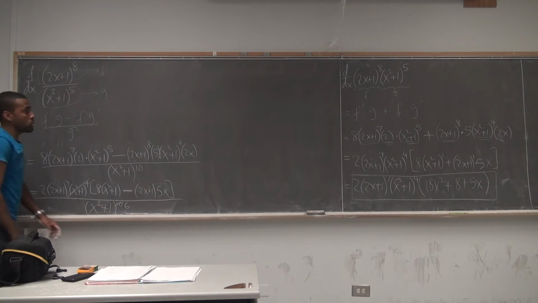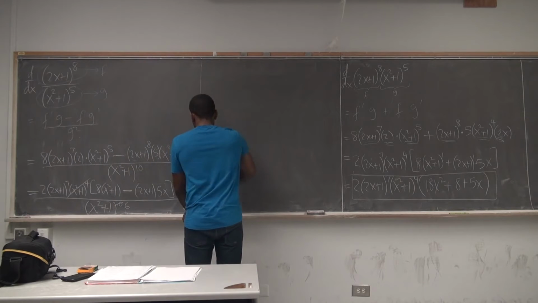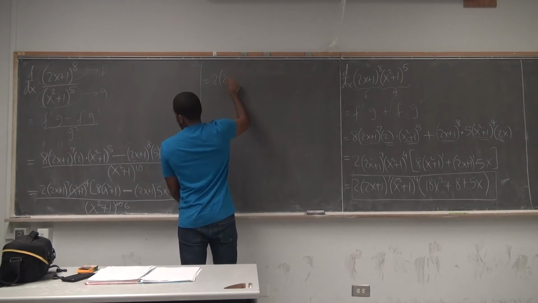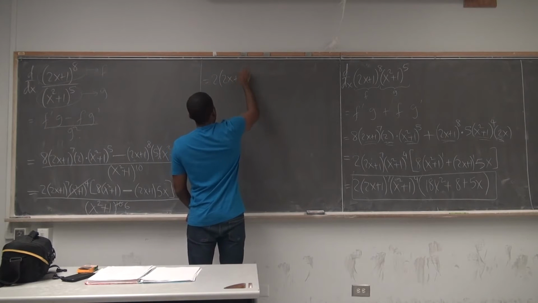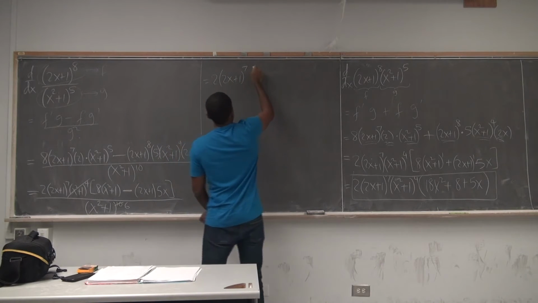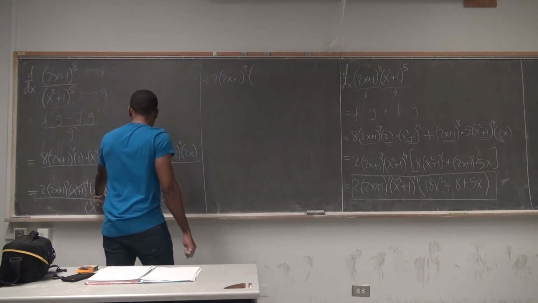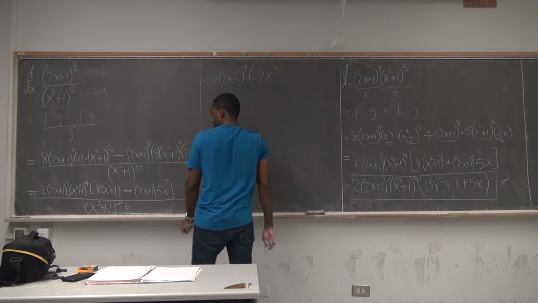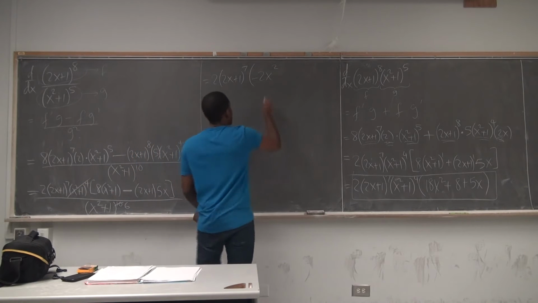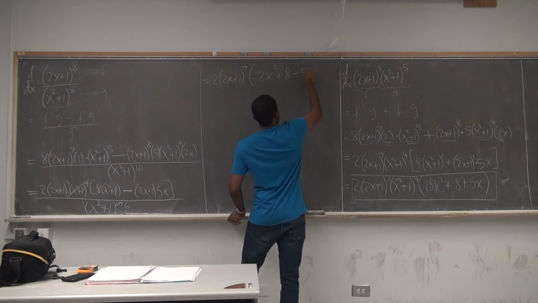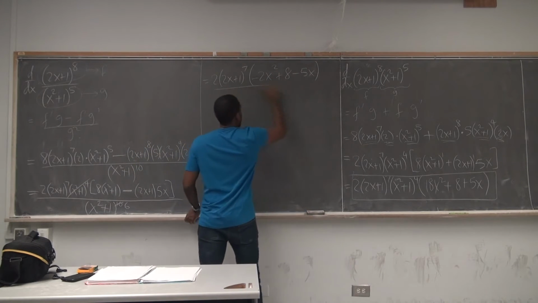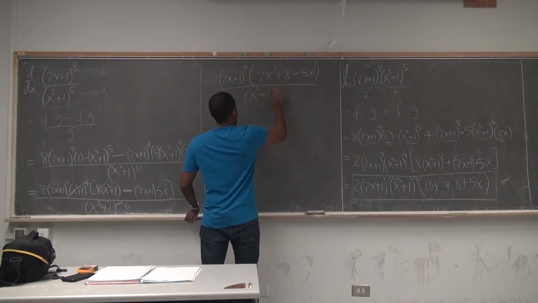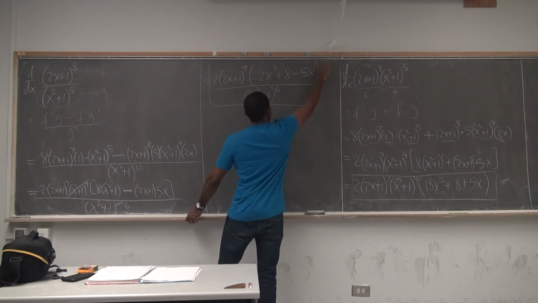This is with the 6th power. So we have 2 times (2x plus 1) to the 7th times 8x squared minus 10x squared plus 8 minus 5x. And that's the answer.